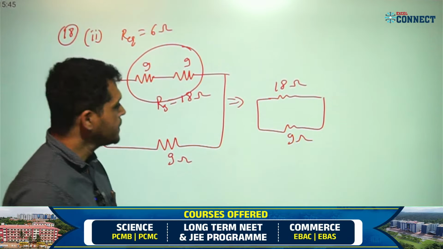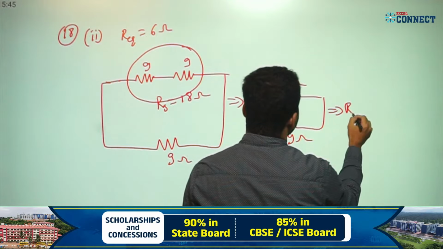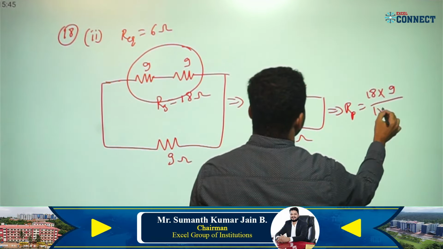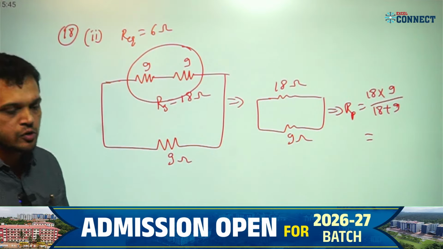Is it clear? For these two in parallel, what is the equivalent? Rp equals 18 into 9 by 18 plus 9.